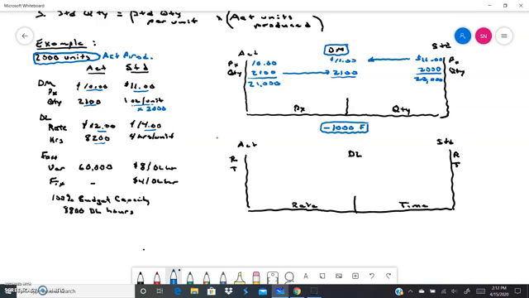If we multiply those together, we're going to get $23,100. So that's just a matter of subtracting. So for price variance, we subtract the 21,000 from the 23,100. We're going to get a minus 2,100. And again, a minus would be a favorable variance.